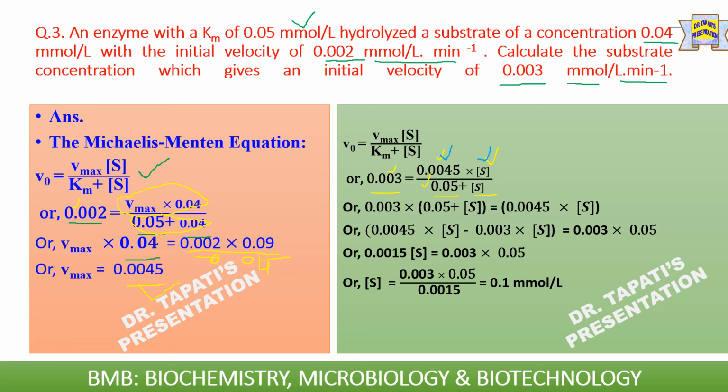Again we can write it as 0.0045 into S minus 0.003 into substrate concentration, equal to 0.003 into 0.05.